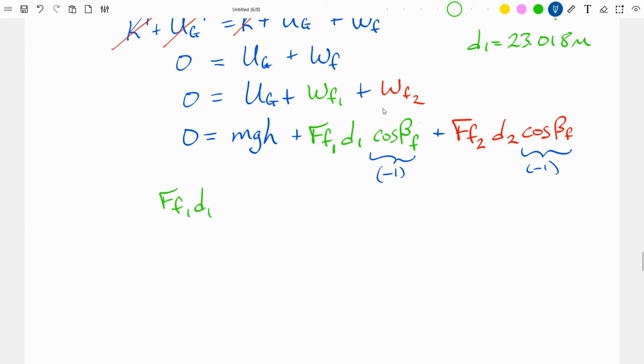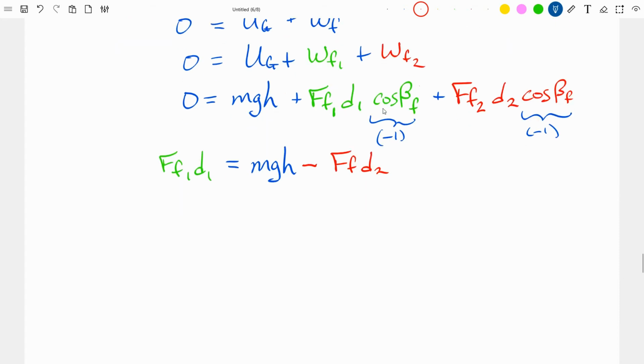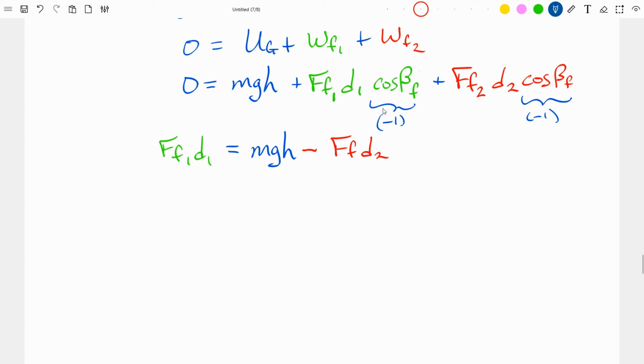I've already got the cos of beta, and that's why I switched it over to the other side of the equation. Hopefully you'll see what I mean right away, if not yet. mgh. The green term has also already been added to the other side. The red term, I do like to use color coding to help when I'm trying to explain this kind of math. Since this is a negative value here, it effectively is going to turn the addition into subtraction. So let's just do it that way. Force of friction, distance, part 2. And again, I've already incorporated that cosine of the angle. So that's what it's collapsed down to.